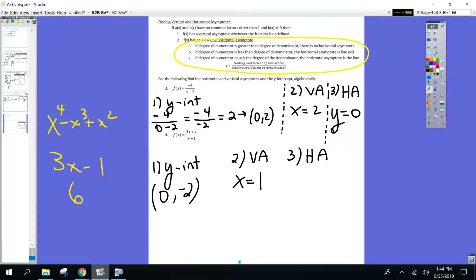When they match, you use the leading coefficient, the number in front. The number in front of the numerator is 4, divided by the leading number in the denominator, 1. So it's y equals 4.